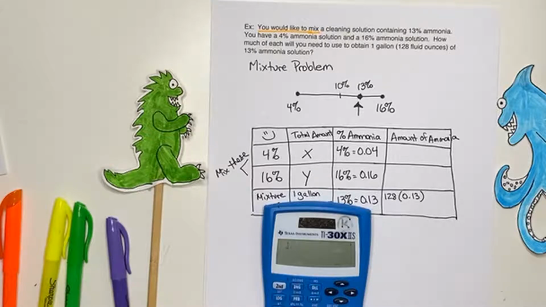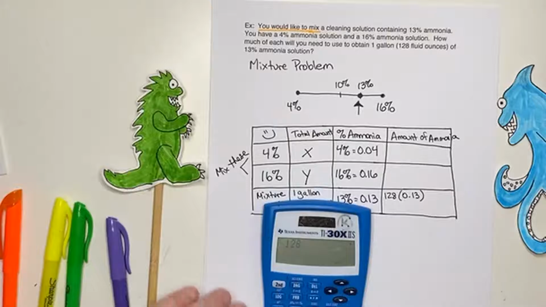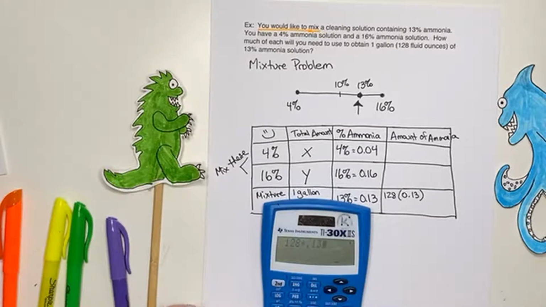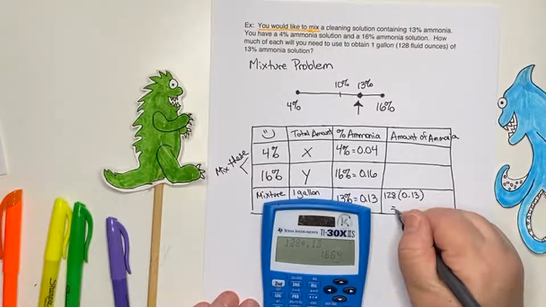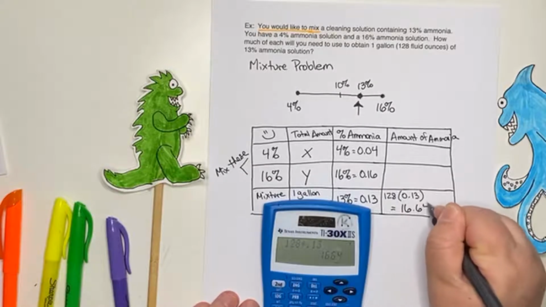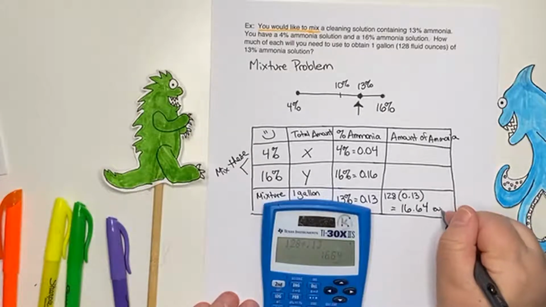So if I take 128 times 0.13, I get 16.64. Now this is in ounces.